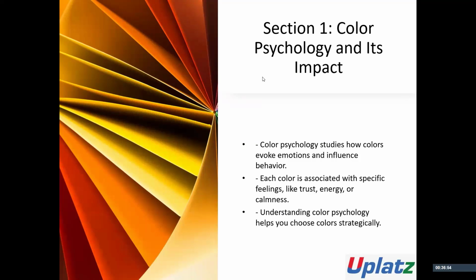Color psychology studies how colors evoke emotions and influence behavior. Each color is associated with specific feelings like trust, energy, or calmness. Understanding color psychology helps you choose colors strategically.